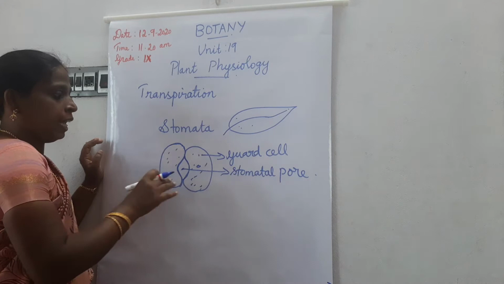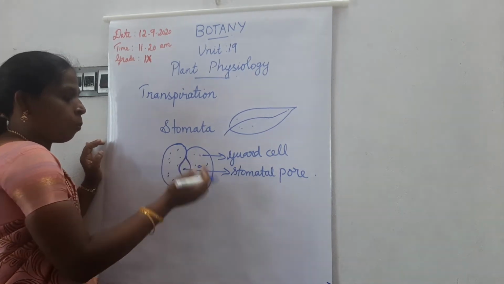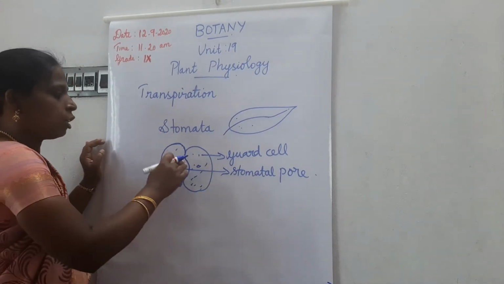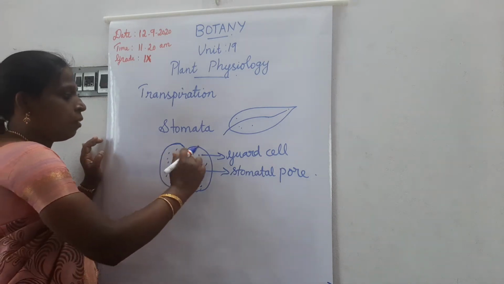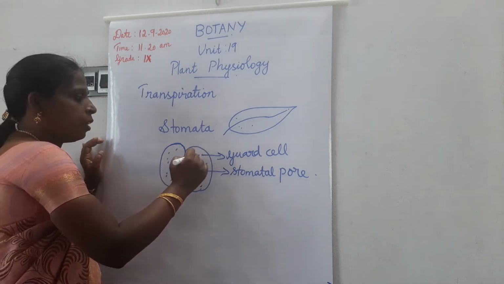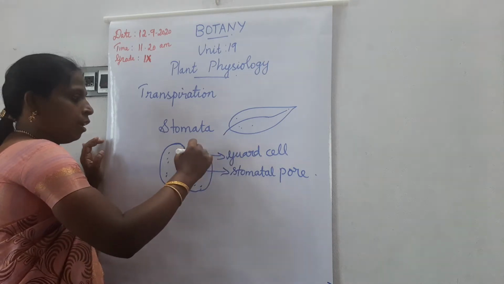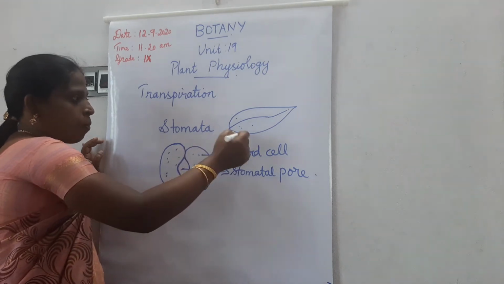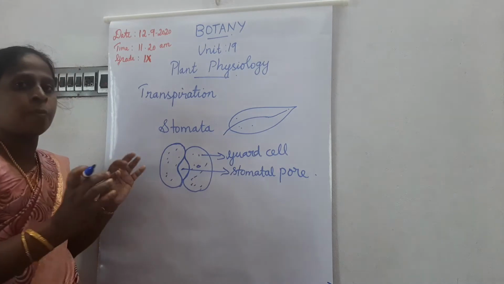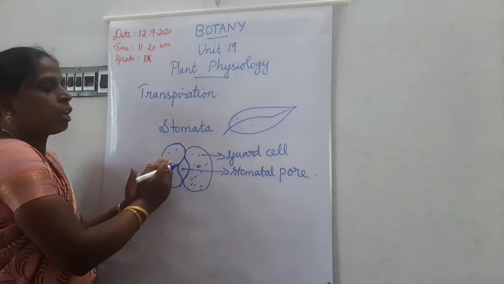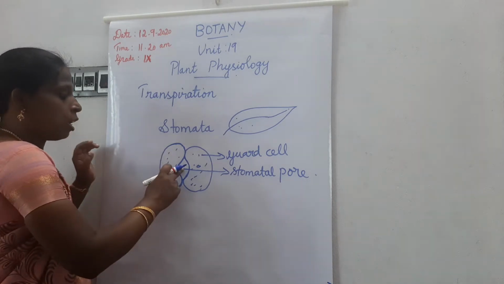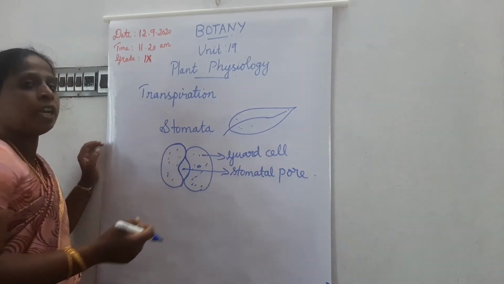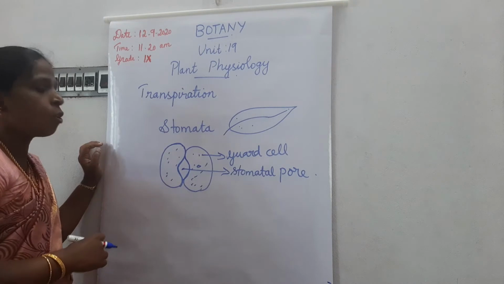So during daytime the stomatal pore is open and during night time the stomatal pore is closed. How is it closed? When the water from the guard cell is released outside, the guard cell becomes flaccid and the stomatal pore closes.